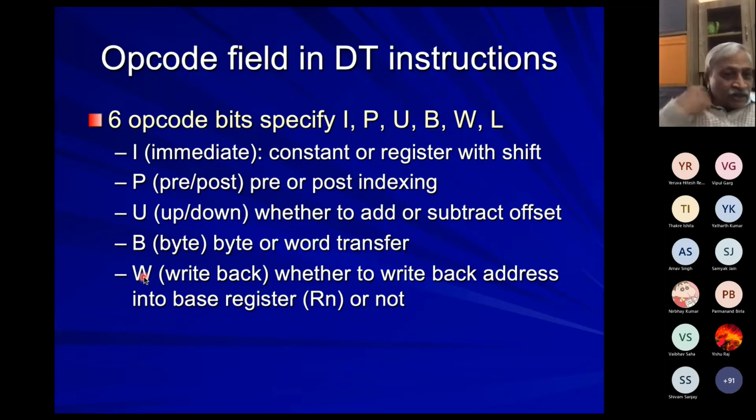So you can imagine that if you're doing post-indexing but not writing back, it doesn't make sense. So post-indexing makes sense only when you are writing back. Otherwise you access memory without base plus address computation, and you're doing this addition afterwards. If you don't store it back, there is no use for it.